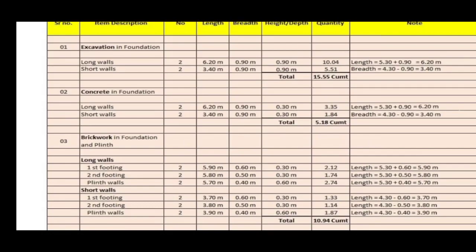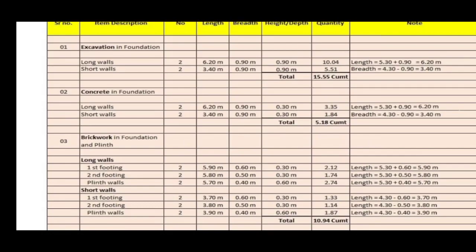The total length is the same as above, since the width of item is the same as that of excavation, which was calculated in the excavation item, that is 5.3 plus width of item, 0.9, which equals 6.2. The breadth of item is 0.9, and the thickness of that particular concrete differs; it is 0.3 meter only.